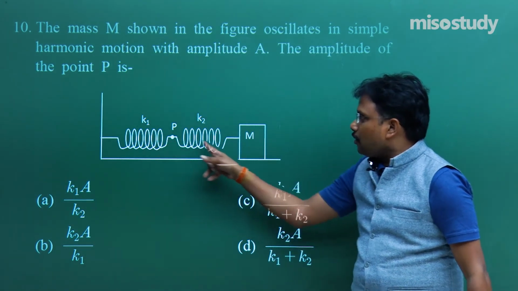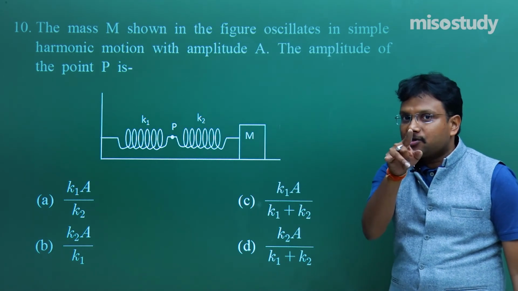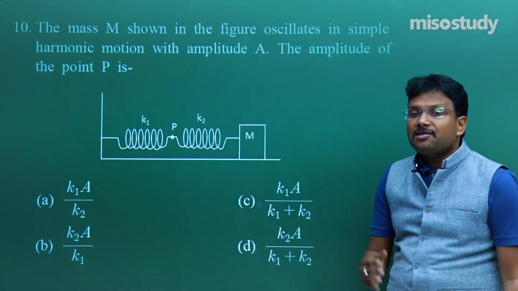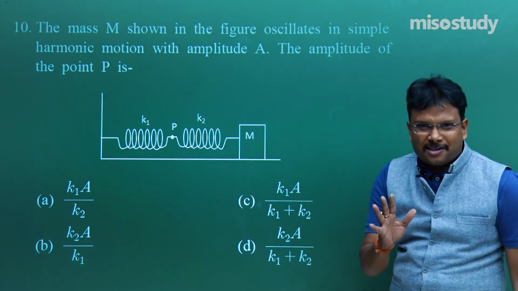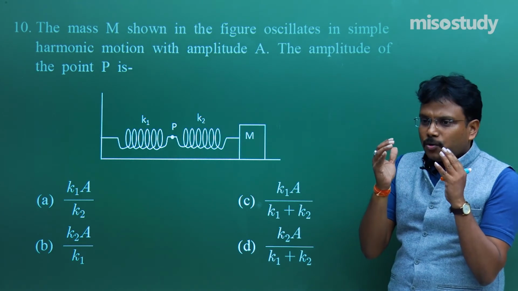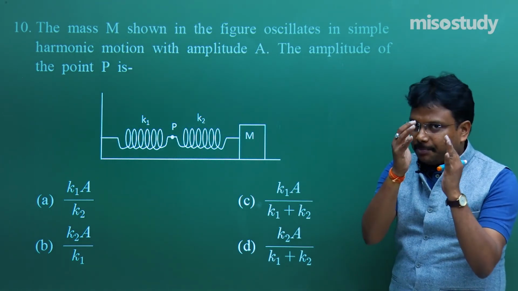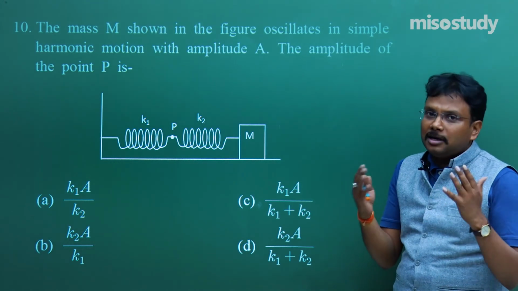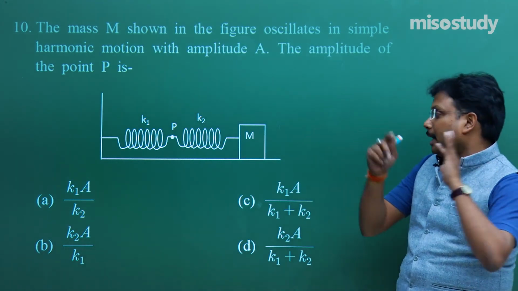Series combination of springs means parallel combination of resistors, and parallel combination of springs means series combination of resistors. So this is just for you to visualize the concept, because the resistance concept is almost crystal clear in each and every student's mind.